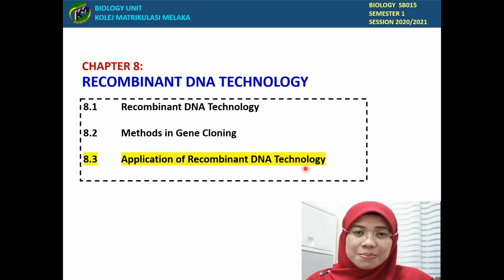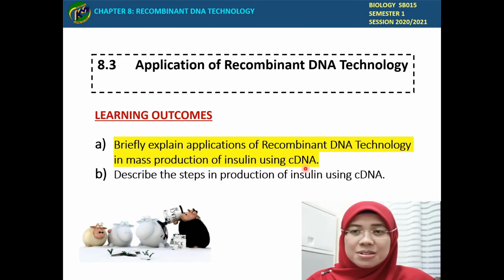But for this syllabus, we are going to focus on production of insulin only. For the learning outcomes, students should be able to briefly explain the application of recombinant DNA technology in mass production of insulin using cDNA. The general steps in production of insulin will be covered as well.